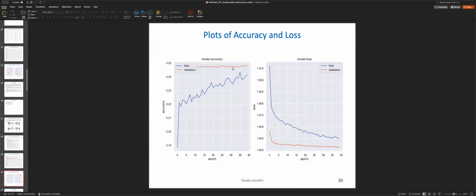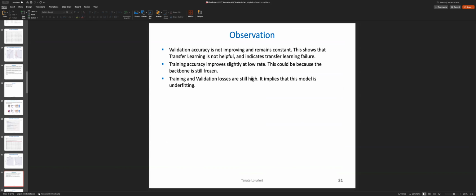You can see that the validation accuracy does not improve, and the training accuracy improves at a low rate. This is because the pre-trained model is not helpful here, and the model is underfitting.